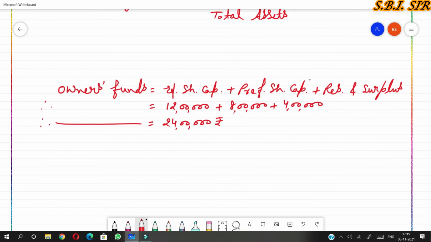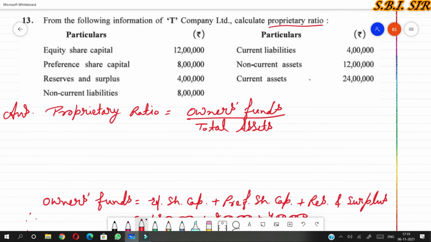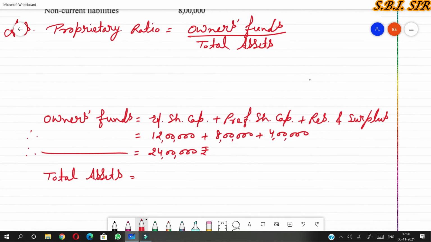Then after that we will find out total assets, and for the total assets here non-current assets and current assets are given. Non-current assets 12 lakh, current assets 24 lakh.